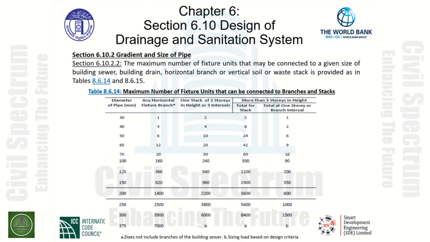Again, these are the fixture units that we are to select from. We have the fourth column. This is where we have more than 3 stories in height. The total for the stack gives us the fixture units in that particular column for more than 3 stories in height. The very last column is the total fixture units for 1 story or 1 branch interval.